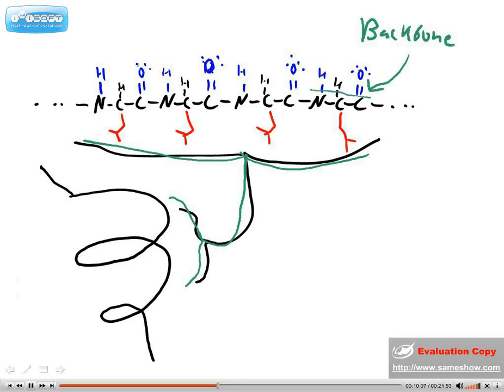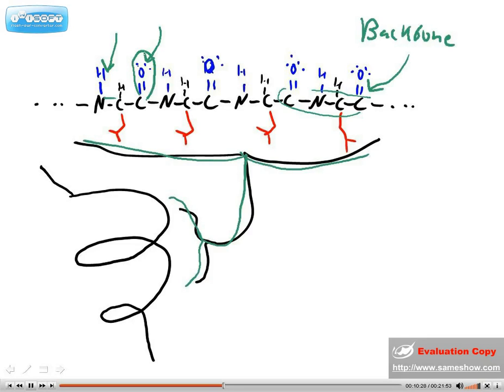So this is the backbone. Now, on the backbone, nitrogen and carbons, on the nitrogen we see a hydrogen. On the carbon group, we see a carbonyl, and we see an oxygen with, hey, look, it has lone pairs.